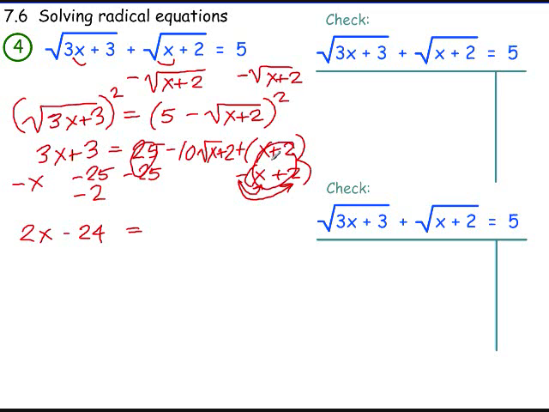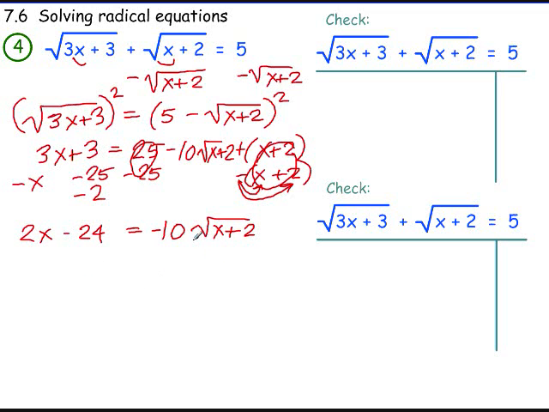This will be 0. And I've got actually a negative 10 square roots of x plus 2. I am in better shape now. I had 2 radicals. Now, by squaring both sides, I've got myself down to 1.